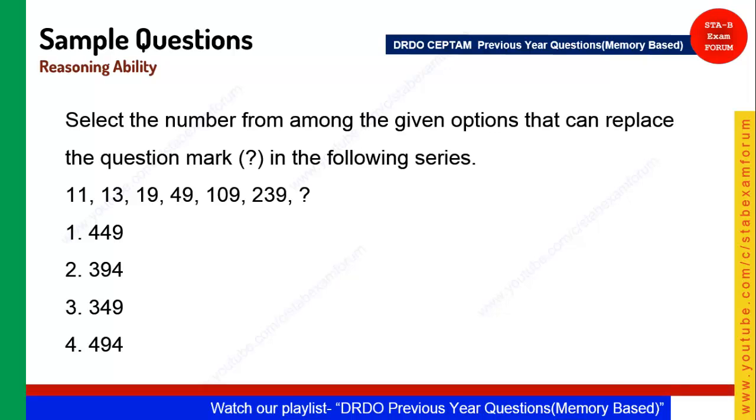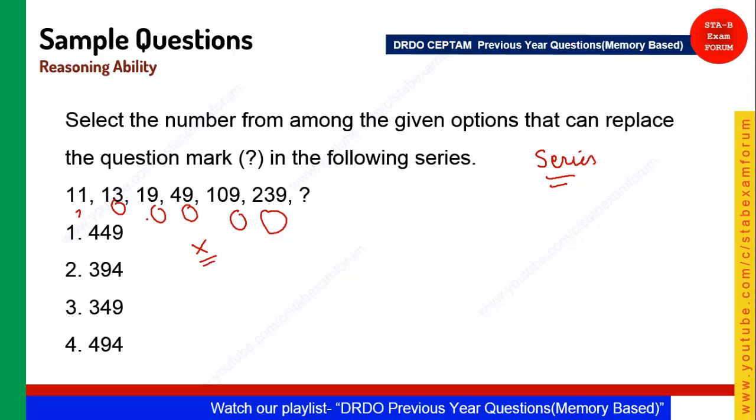Student, this is a very difficult one. Okay, if a question takes a lot of time, you can ignore it. So this question is from number series. Whenever you find such a series in which numbers go from a small number to a big number to a very big number, it means some multiplication factor is there.